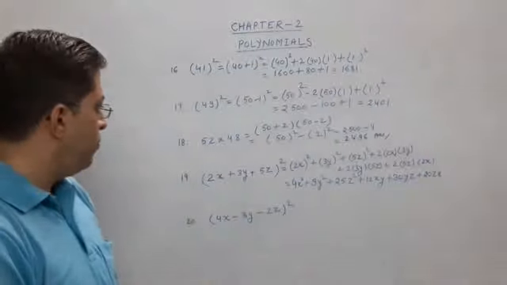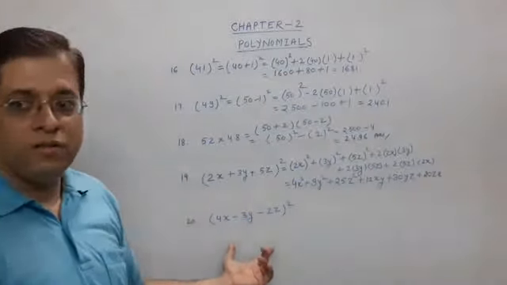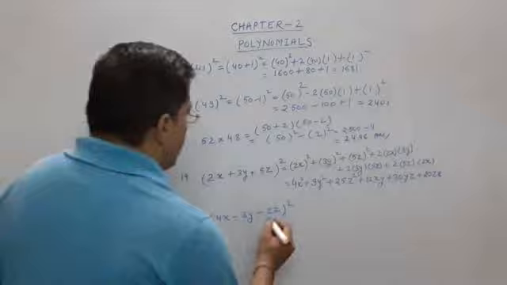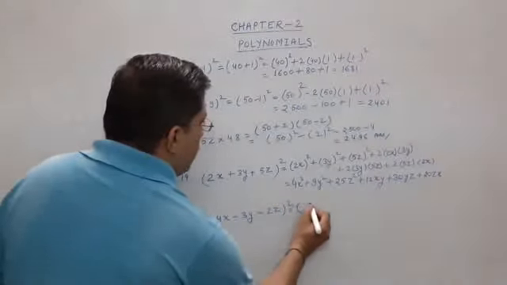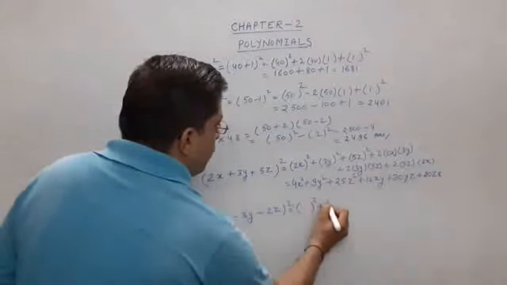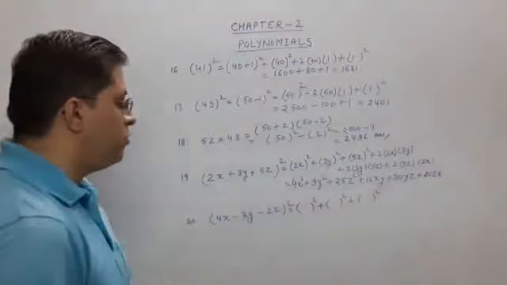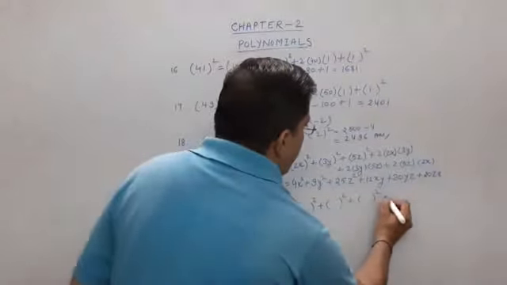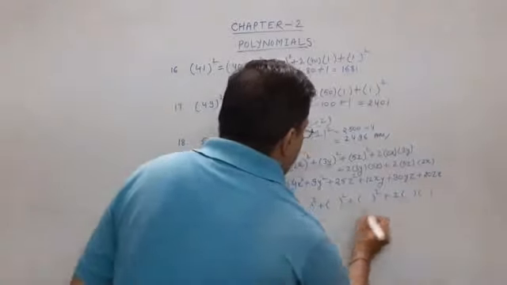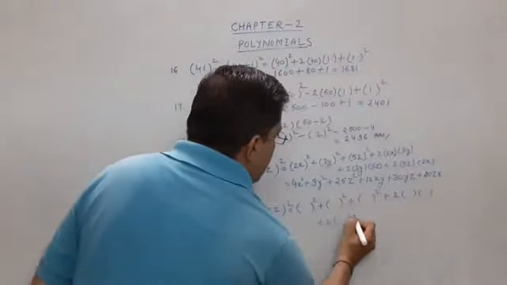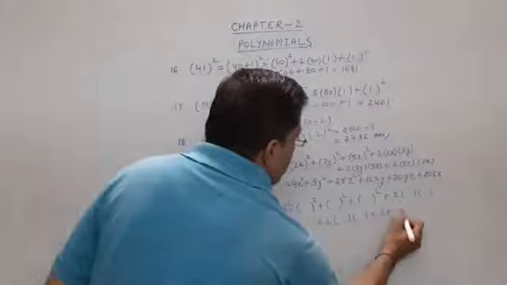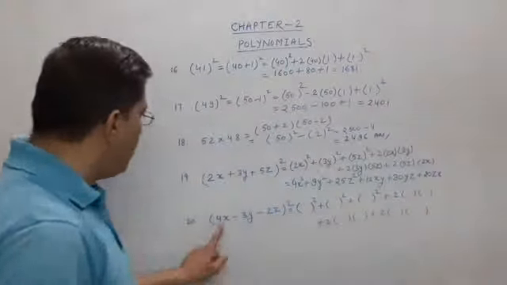See here, this is (a minus b minus c) whole square. What is a square plus b square? Use the same formula: a square plus b square plus c square plus 2ab plus 2bc plus 2ca. Now clearly you see what is a?